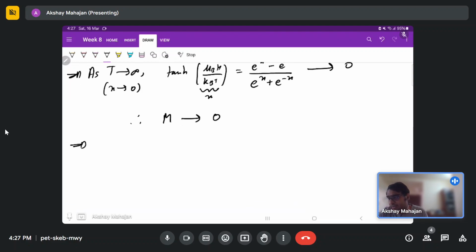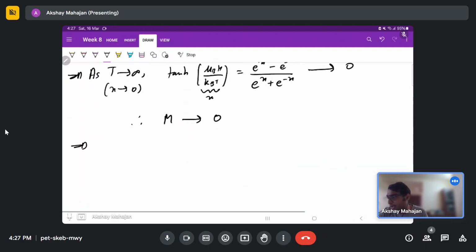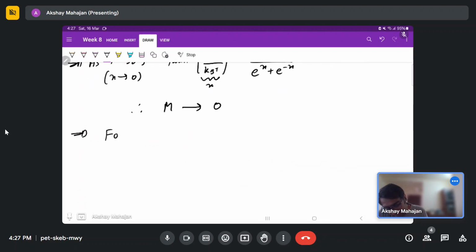Now the other thing was we have to find the saturation magnetization for a particular value of n, the number of spins per unit volume. So let n equal 3.7 into 10 to the power 28 per meter cube.